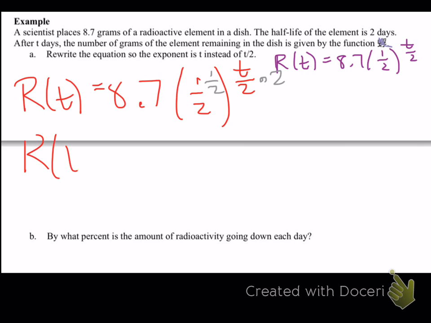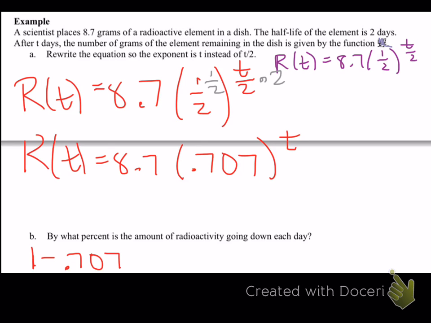So my equation will become 8.7 times 0.707 raised to the t power. So that's all they want in letter A. Letter B says, by what percent is the radioactivity going down by each day? So I'm going to take my decimal on the inside, I'm going to subtract 1 from it.